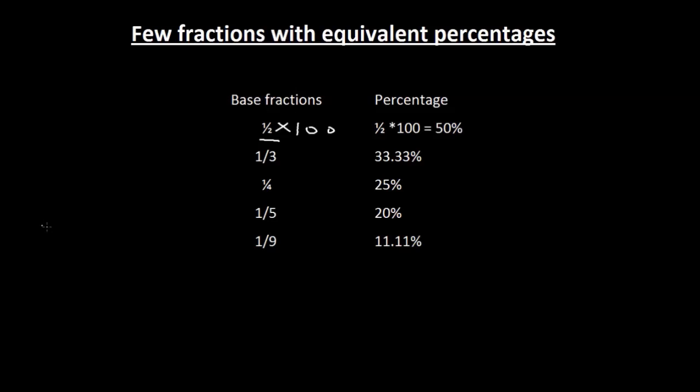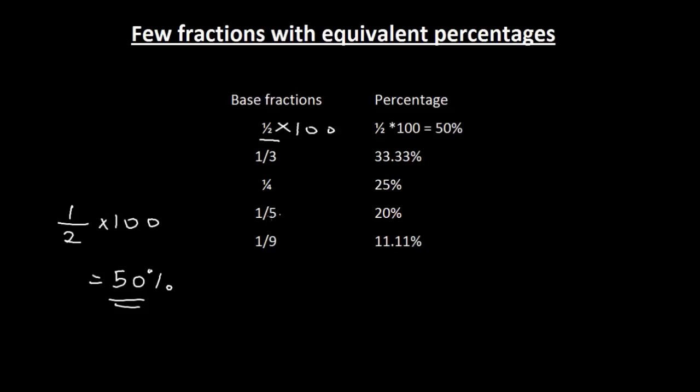I'll work it down here. We have the fraction as half and we have to multiply it by 100 to find its percentage equivalent, which is nothing but equal to 50%. Similarly, all these percentages are found by multiplying the fraction by 100.